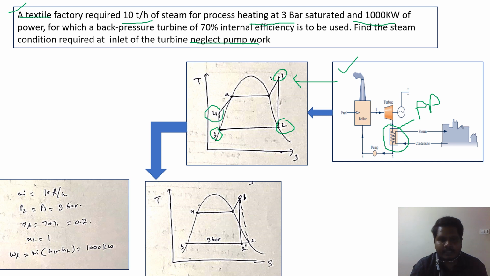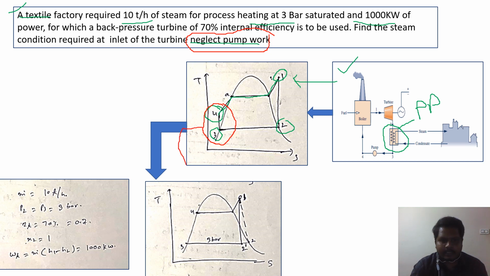3 to 4 is isentropic compression in the pump, 4 to 1 is heat addition in the boiler. So this is the TS diagram for the cogeneration power plant. But in the problem they mention to neglect pump work, which means on the TS diagram there will be no process 3 to 4.